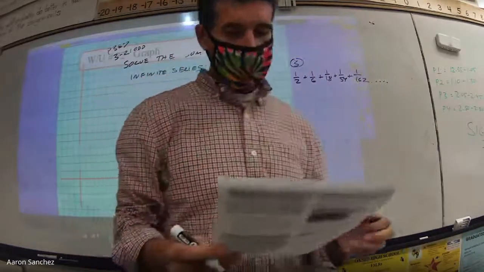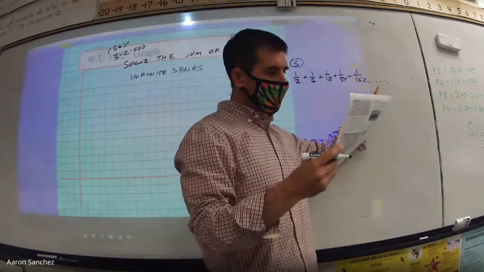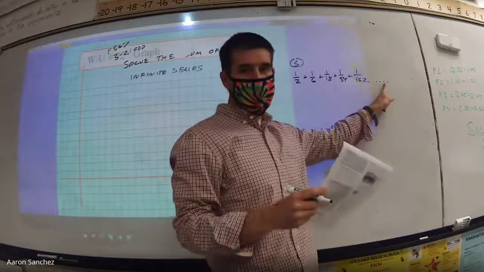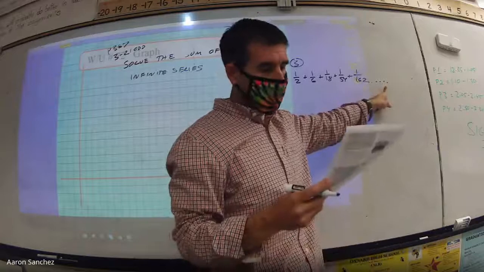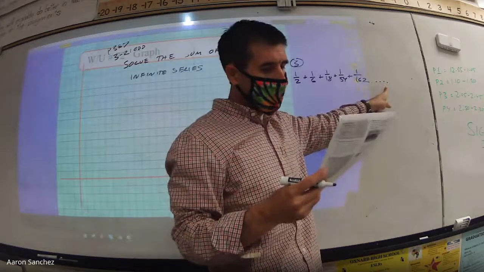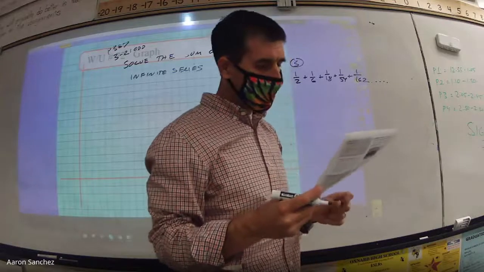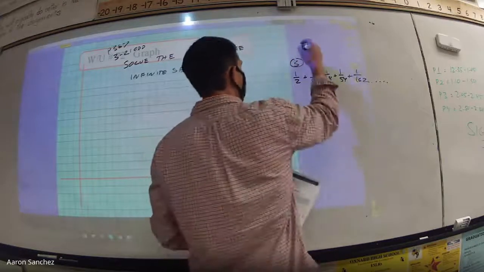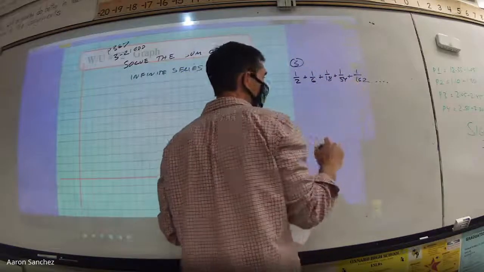This says consider the infinite geometric series. Notice my series, because I'm adding them up, has dots, which means it goes on forever. And they want us to find the partial sums of n equals 1, 2, 3, 4, and 5. So we're going to add these up, and then we're going to graph them.